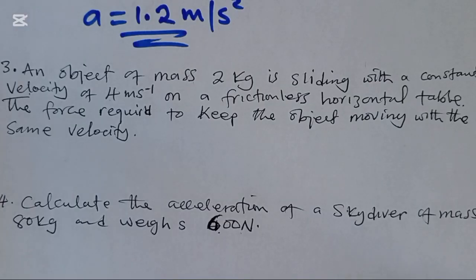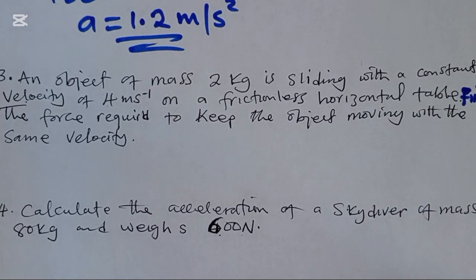Number 3, an object of mass 2 kg is sliding with a constant velocity of 4 meters per second on a frictionless horizontal table.